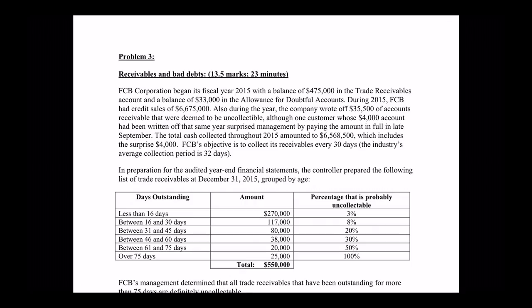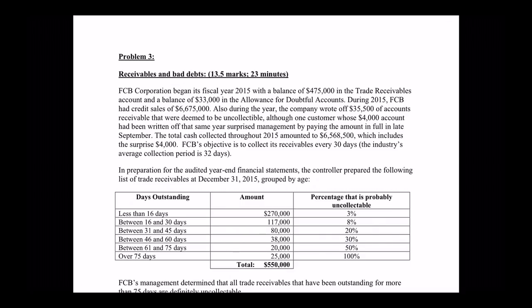Although one customer whose $4,000 account had been written off that same year surprised management by paying the amount in full in late September. The total cash collected throughout 2015 amounted to $6,568,500, which includes the surprise $4,000. FCB's objective is to collect its receivables every 30 days. The industry's average collection period is 32 days.